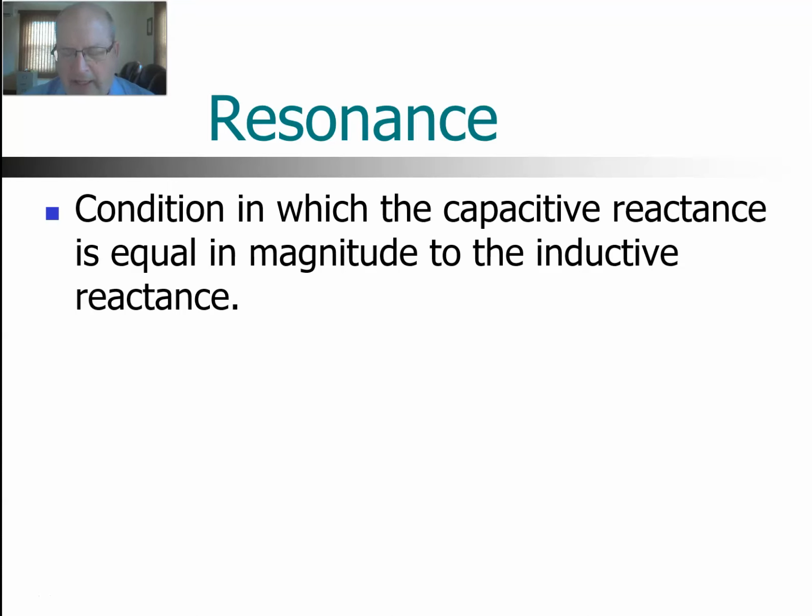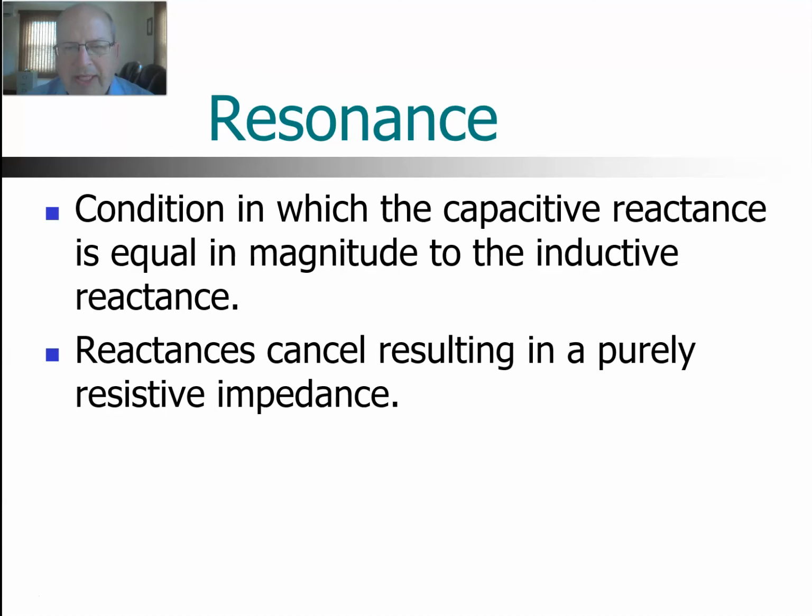The capacitive reactance is negative imaginary, so they're opposite signs. But if we just look at the magnitudes, at some point they're going to be equal. And when they're equal, because they're opposite signs, they cancel out. Once they cancel out, we wind up with a purely resistive impedance. And when that happens, that's when we get maximum current.